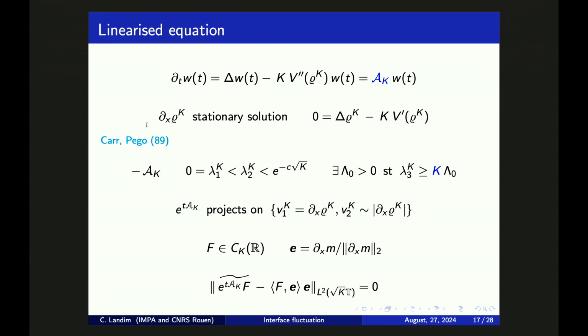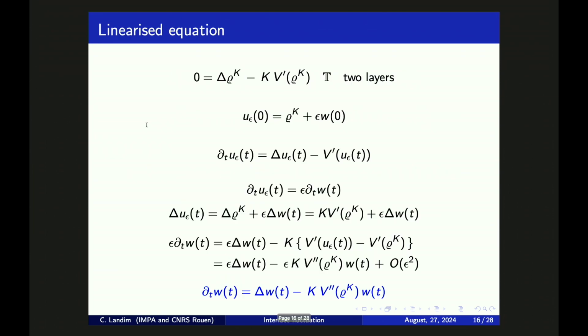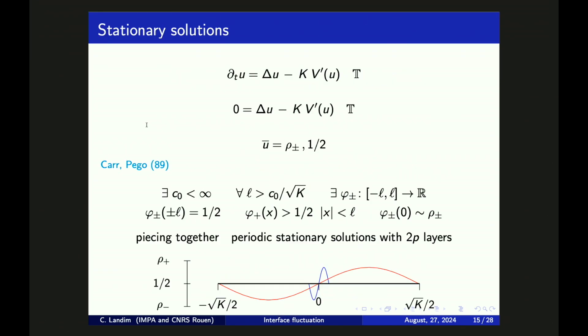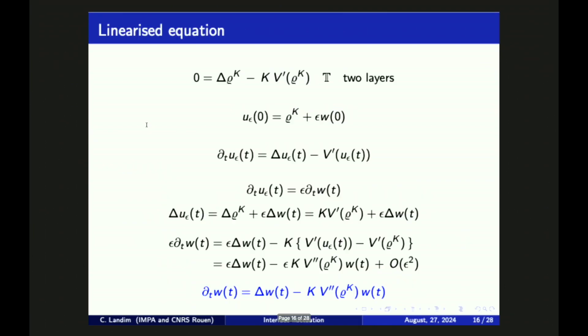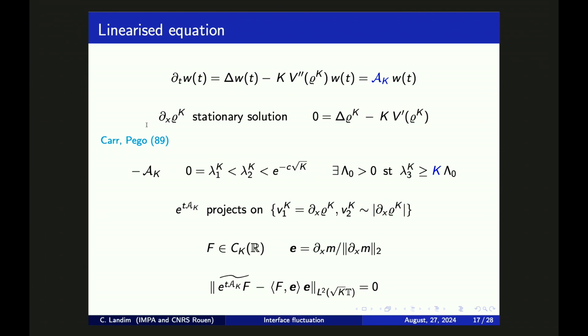But there is another eigenvalue, which is also very small, associated to essentially the absolute value of this derivative of rho k. So here is rho k. What I claim is that the derivative of rho k is an eigenfunction of that operator, associated to the eigenvalue 0. The derivative will look like something here and there, and the absolute value, I claim, is an approximation of the eigenfunction associated to the second eigenvalue.